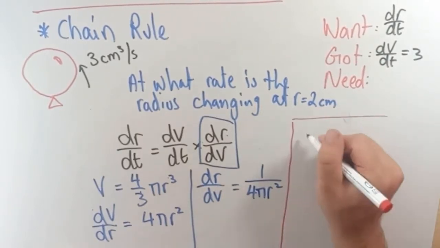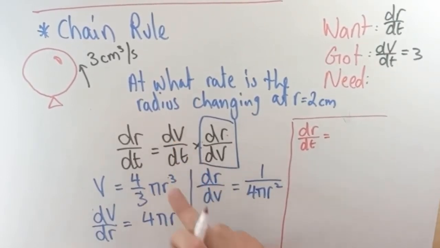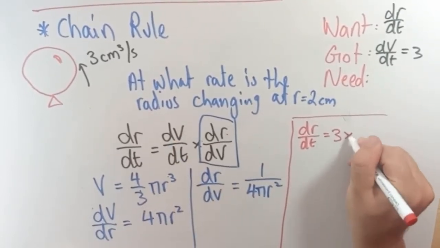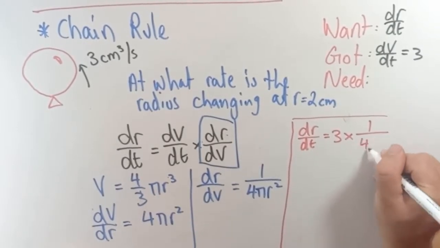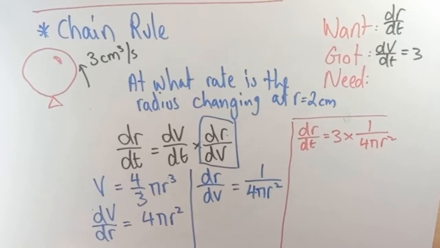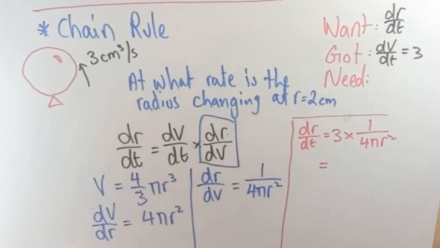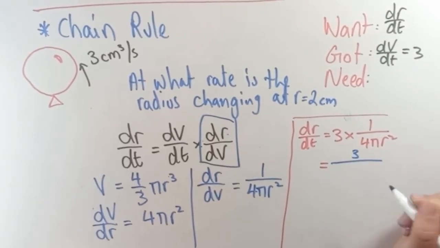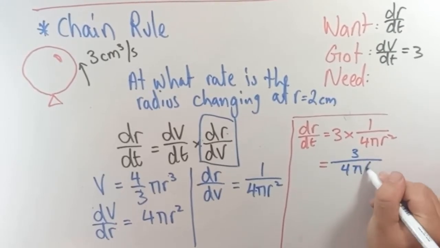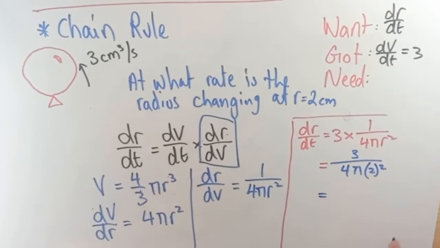We'll do it in red. So dr/dt equals dV/dt, which we know is 3, times dr/dV, which is 1 on 4 pi r squared. We want to know when r is 2 centimeters. So when r is 2 centimeters, we want 3 on 4 pi 2 squared. 4 times 4 is 16.